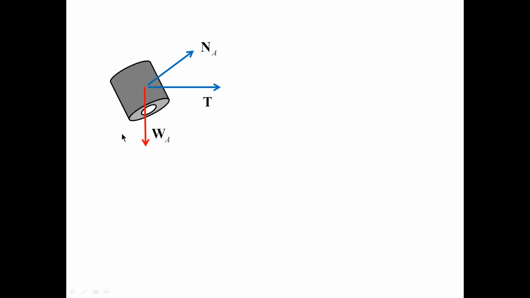It involves the weight, the force T that acts along the cable line, and the force NA. The important feature of the force NA is that it is perpendicular to the cylindrical surface.